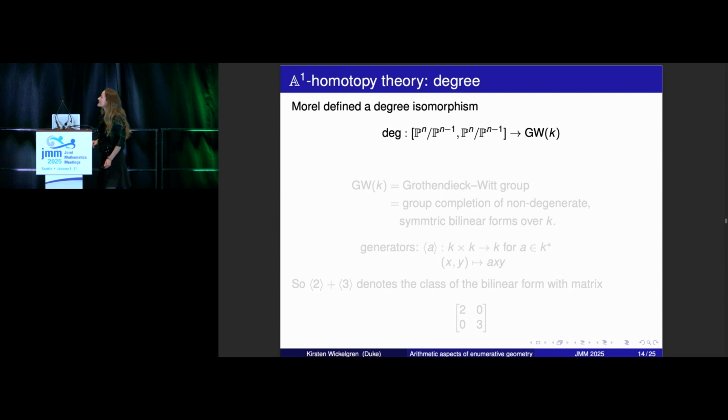So for our purposes, let's talk about a beautiful calculation of Morel. So we built this world to accommodate cohomology theories that have certain Mayer-Vietoris properties. And then it is a calculation that the degree map is not an integer. The degree of a map between manifolds counts the number of preimages of a point.